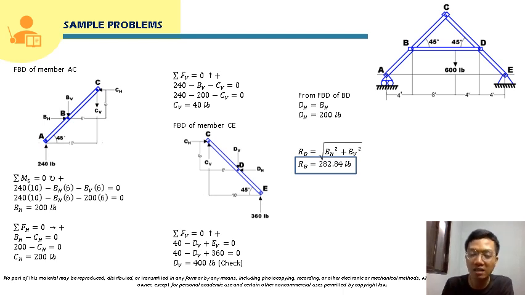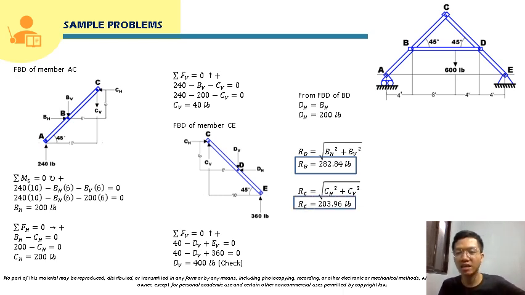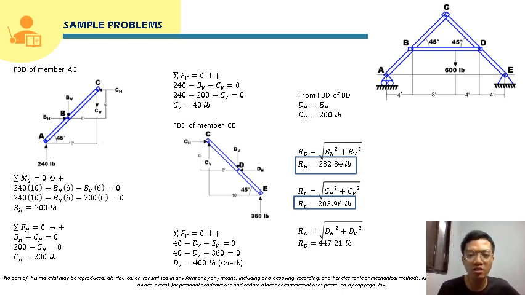So that will be the answer. So you can box that already. Now for the reaction force at C, again, that will just be square root of CH squared plus CV squared. So that will just be 203.96 pounds. So you can box that. And for reaction force at D, that will just be square root of DH squared plus DV squared. So solving for that, that will just be 447.21 pounds. So this will now be the answers for this problem.